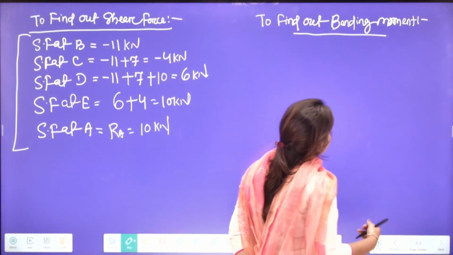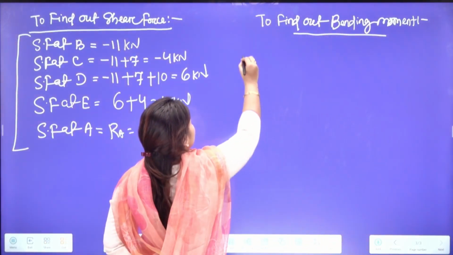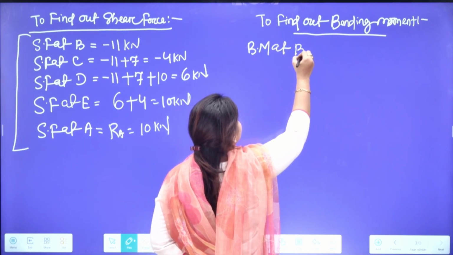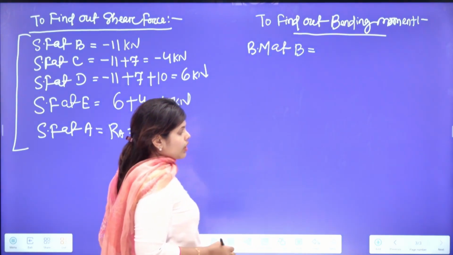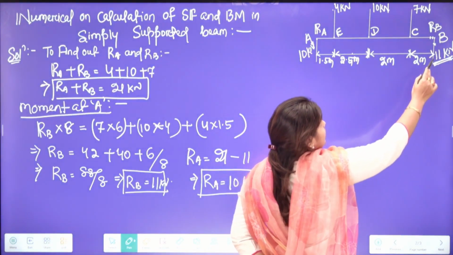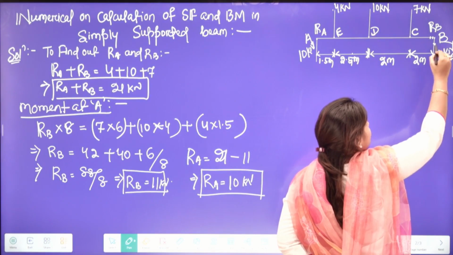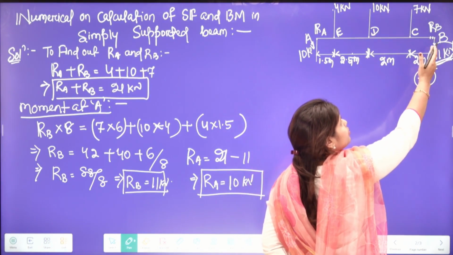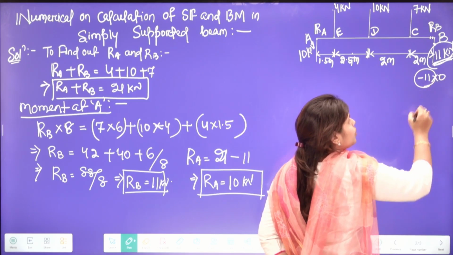Bending moment at B. You can see here we have the shear force minus 11, and the distance from B to B is 0.